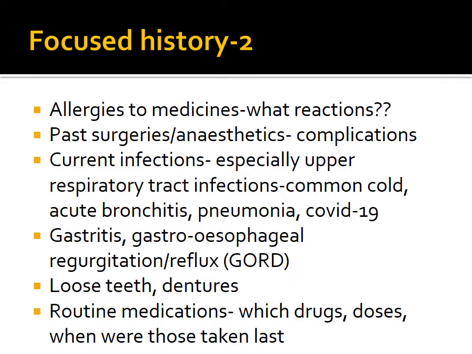Then it is also important to see whether the patient has any loose teeth and whether the patient is wearing any special dental appliances like dentures, because again, when the patient is unconscious during anesthesia and in the postoperative period, when the patient is drowsy and less conscious, if there are loose teeth, they can get dislodged and can cause airway obstruction or pneumonia. Similarly, dentures and special dental appliances could also get dislodged and cause sudden airway obstruction.